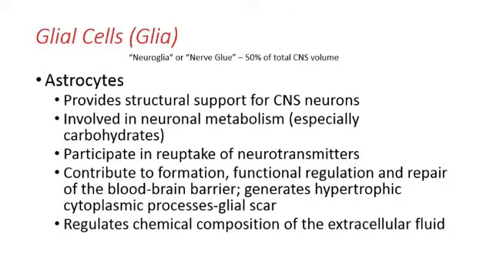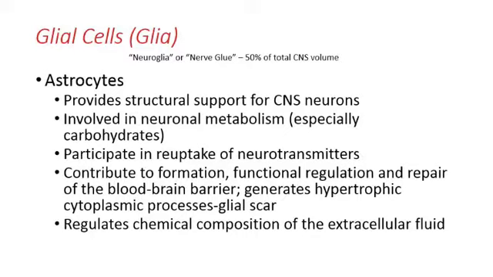So taking the astrocytes more specifically, they provide structural support for neurons, as I mentioned, in the central nervous system. They're involved in neuronal metabolism. They use their connections with blood vessels to extract glucose, and they are also able to produce lactate to provide energy for neurons.